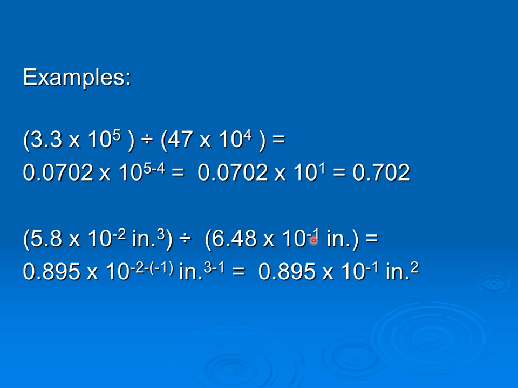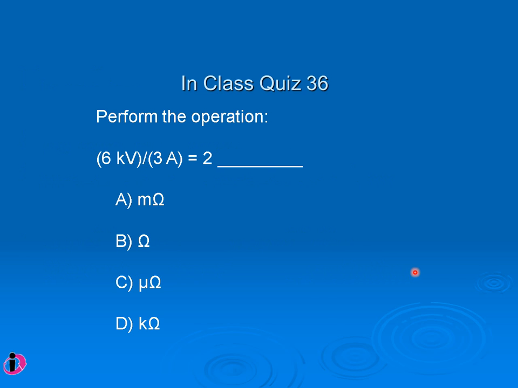And the same is the case with units. Look at the units here. It's inch to the power 3 and inch to the power 1. Subtract the powers, the last one from the first one. You get inch squared. Let's look at an example here: 6 kilovolt divided by 3 amps.